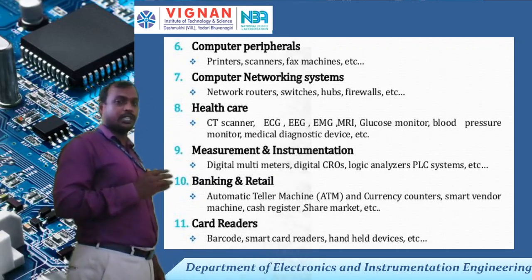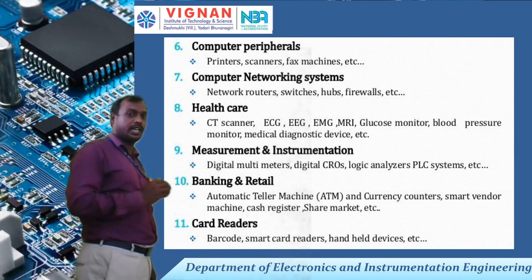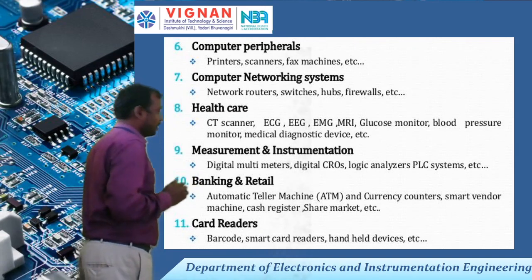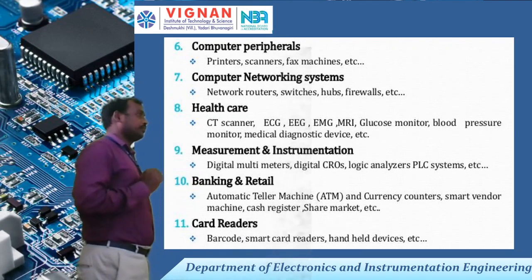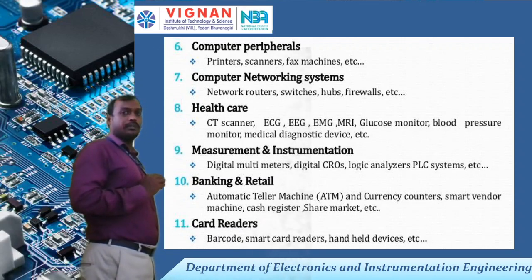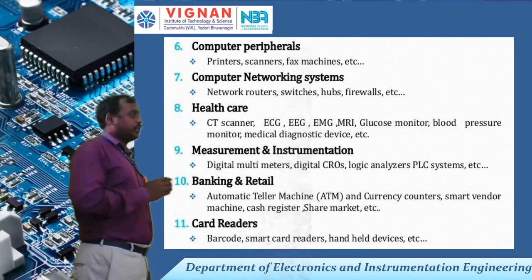So next one is measurement and instrumentation. Here digital multimeters, digital CROs, logic analyzers, PLCs are there. Whenever you are taking instrumentation, suppose you are taking PLCs, programmable logic controllers, real-time PLCs are also there.